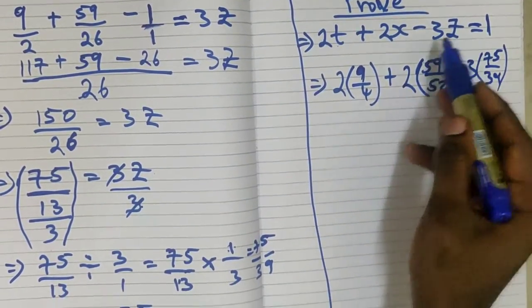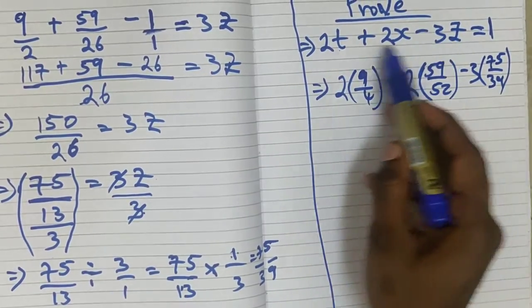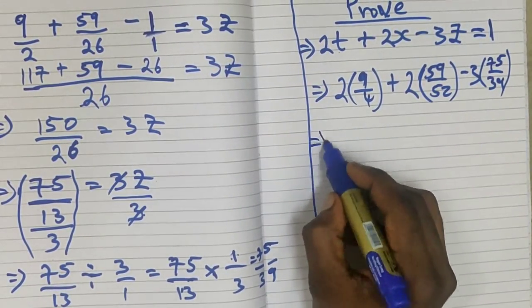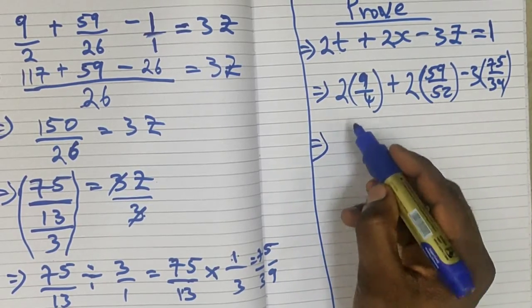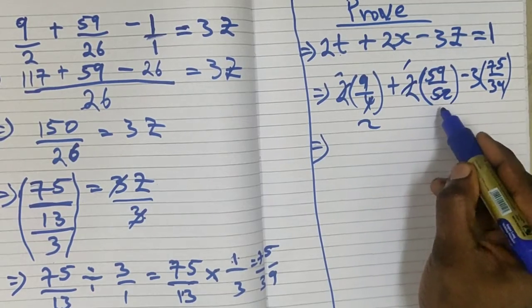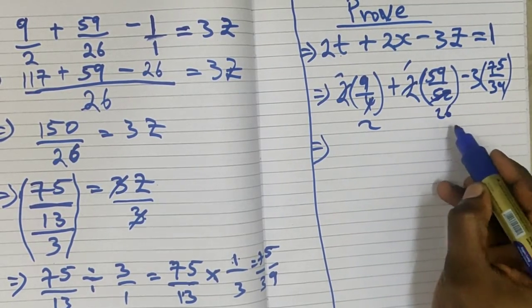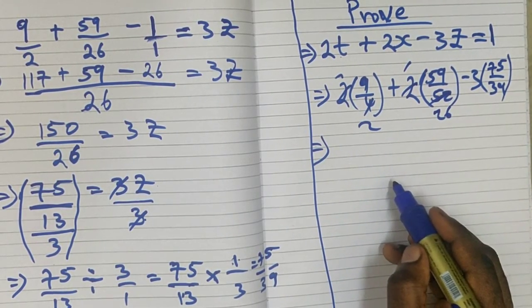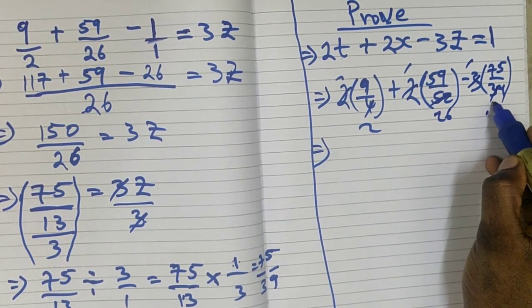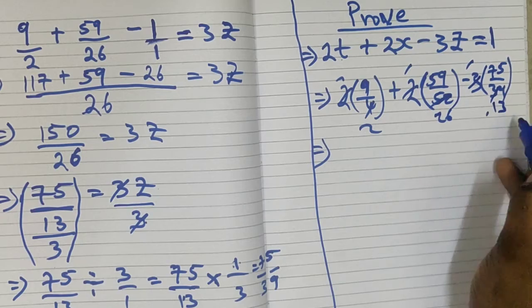So we are proving for the left hand side. If we substitute all this, we solve out. If we solve this one, it's going to give us 1. So which implies 2 can go here 1, 2 can go here 2. 2 here 1, 2 here 26. So 3 can go here 1, 3 here 1, 3 can go here 13.